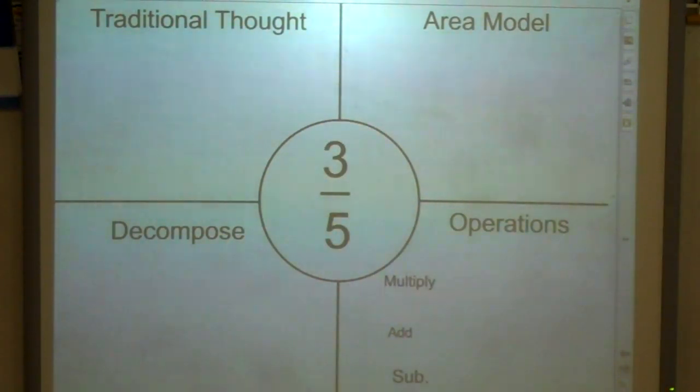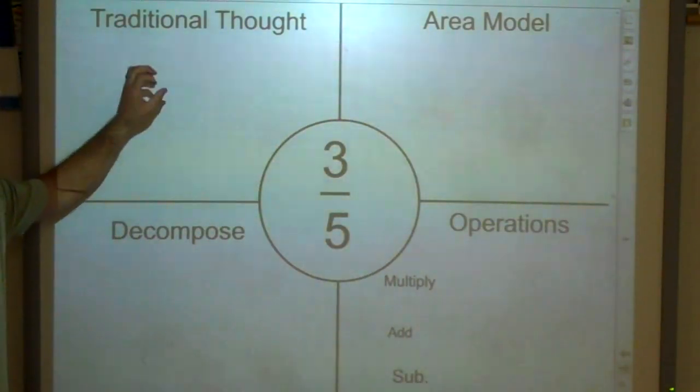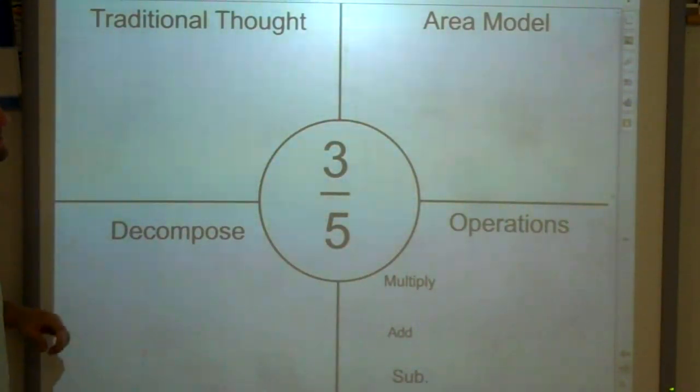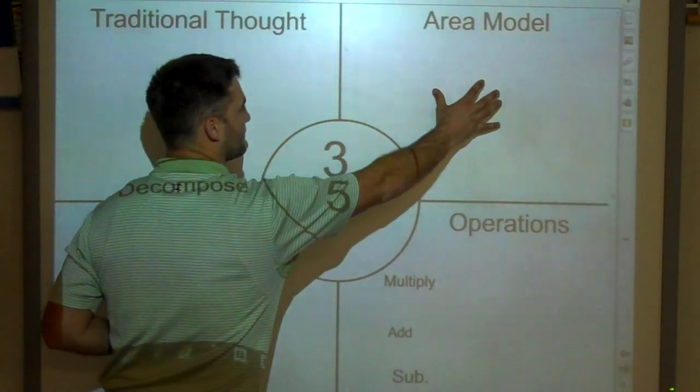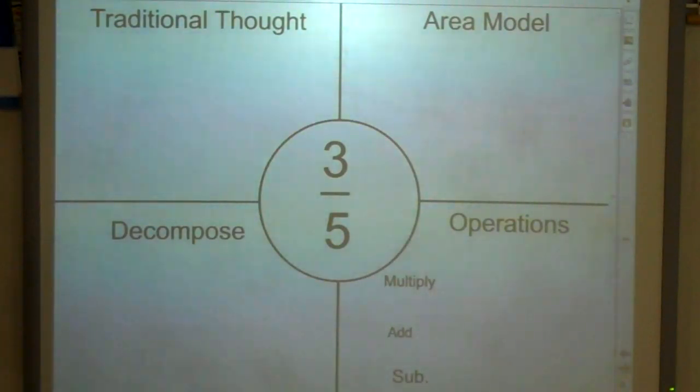Tonight, what we'd like for you to do is you're going to take 3/5. You're going to draw this chart in your math journal just as it is here. So when you get to this point in the video, you can pause it so that you can set up your chart. You're going to give us your traditional thought. Remember, I want you to use multiplication. You need to draw an area model representing 3/5 using the multiplication.